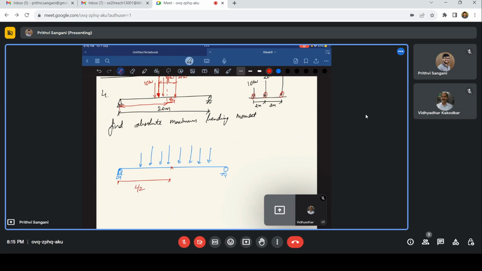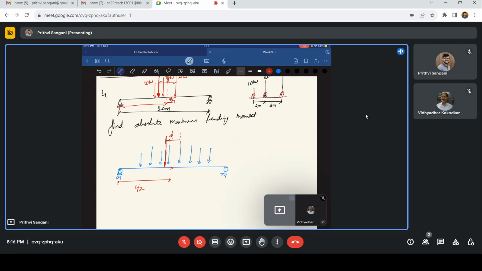So it happens under the load which is near to the midspan. Let us say you have the resultant of all these forces at a distance d from the near support. Let us say this is the near support, distance d.